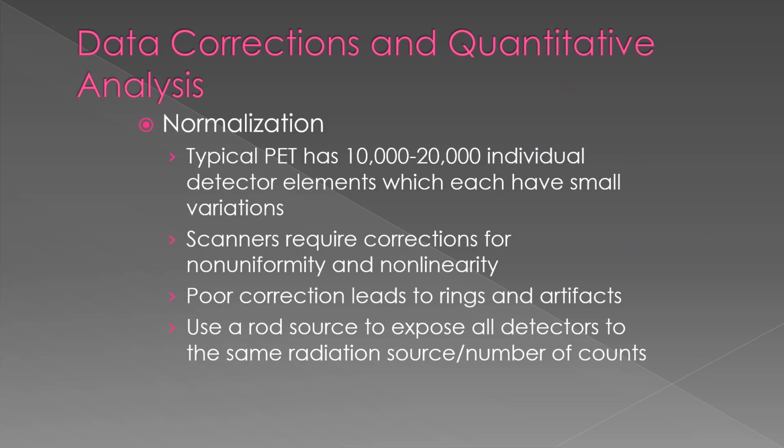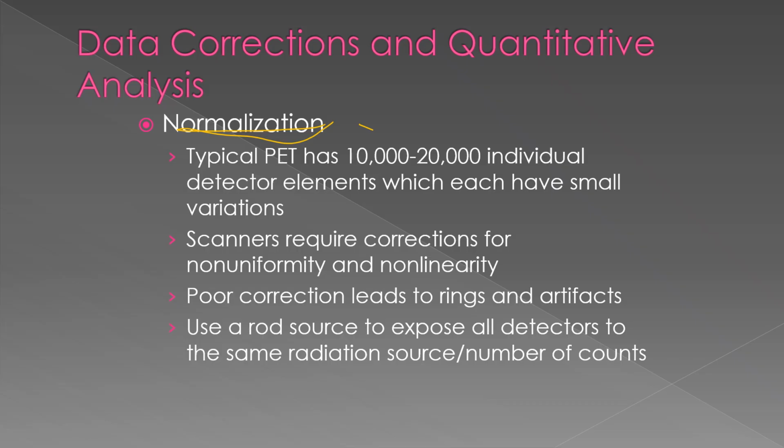calibrations. So there's also something called normalization, and this has a tendency to trick students sometimes. So just like the gamma camera, where we have a uniformity that we do daily, and then we have a uniformity correction, there's a normalization scan and a normalization calibration.